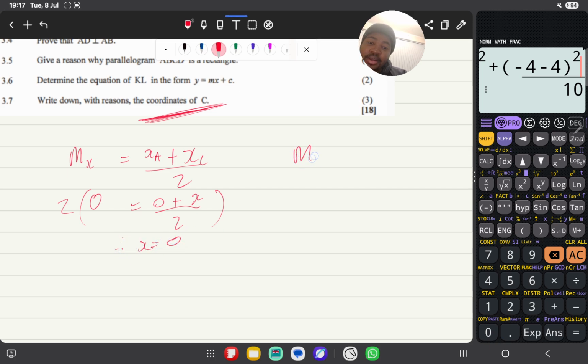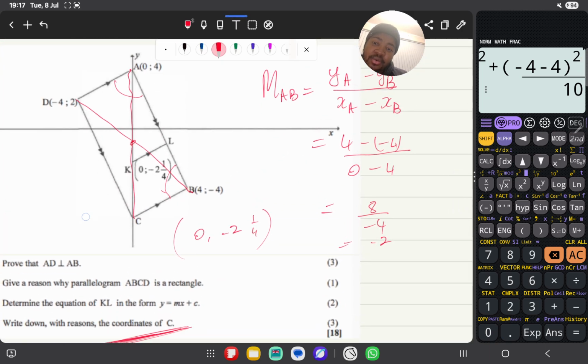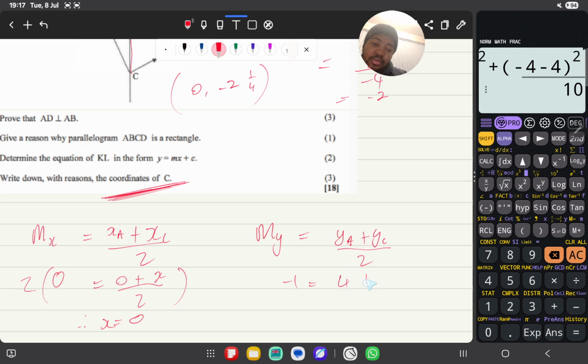For y, we had minus 1 here, so this is going to be 4 plus yC, divided by 2.